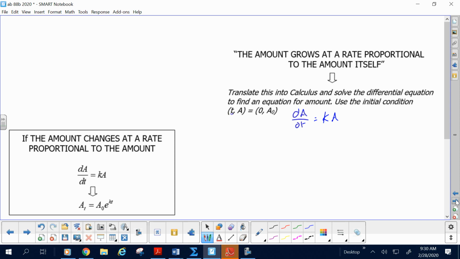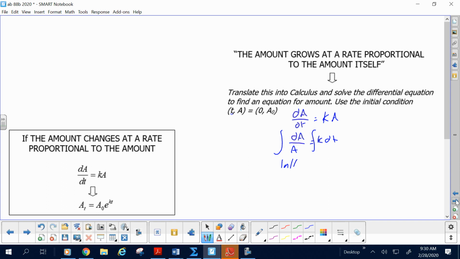We're going to separate the variables. So A is on one side and t is on the other. Separate the variables is what it's called, and that's important vocabulary. And then we will integrate.